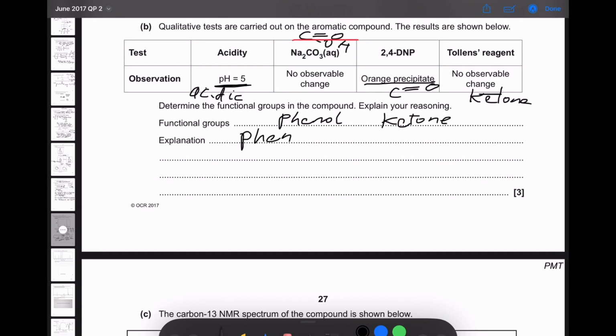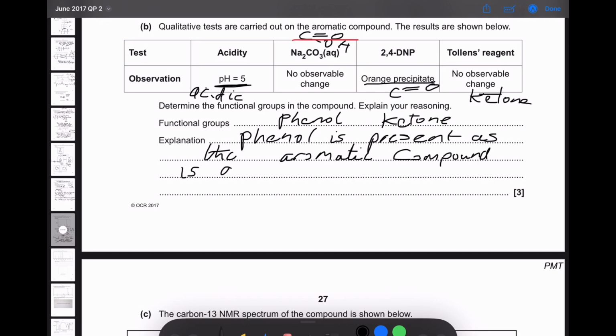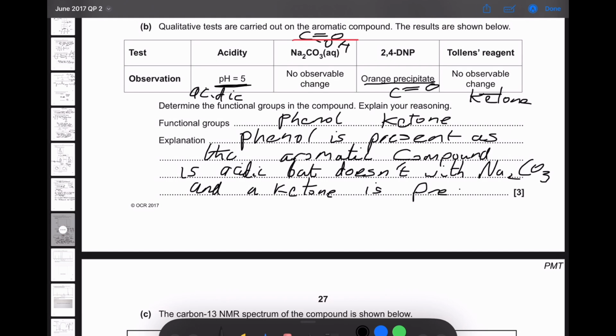Phenol is present as the aromatic compound is acidic but doesn't react with sodium carbonate, Na2CO3, and a ketone is present as 2,4-DNPH.